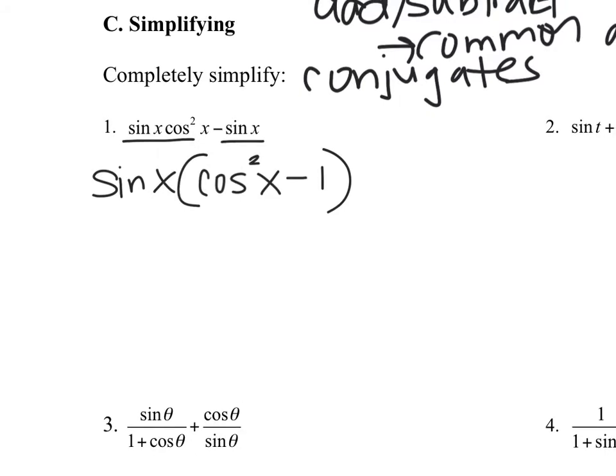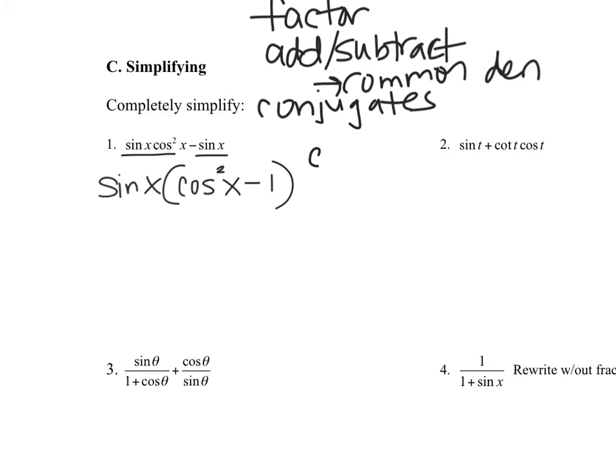Okay, now here's the thing. Whenever you see one of your functions squared with a plus or a minus 1, it's probably going to be the Pythagorean identities, but you can rearrange these identities. Watch. If cosine squared plus sine squared equals 1, I can subtract 1 to this side and subtract sine squared to the other side.